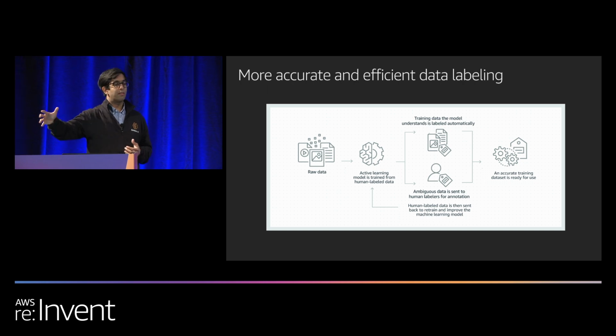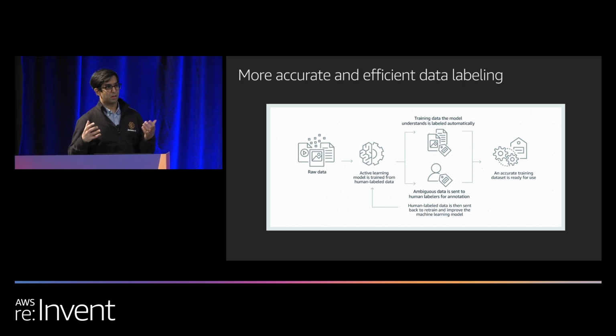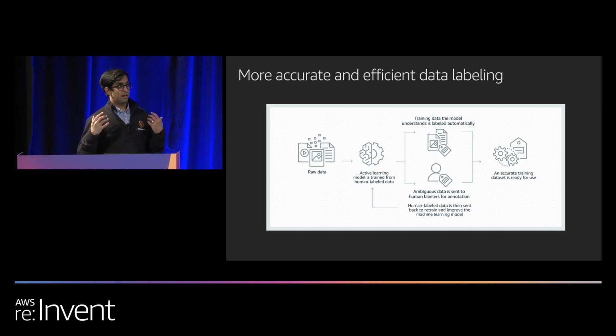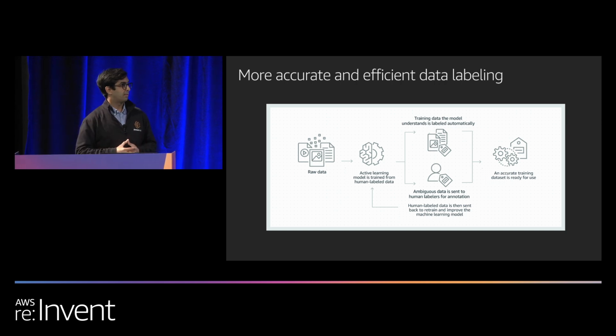And then we output everything back to S3, which is an accurately labeled data set that you can use for training, right? And one of the core things to understand there is that we're taking your data from S3 and we're dropping everything into S3. We're not maintaining any persistent copies of your data. Everything passes through our service, which is very important when you have strict data privacy requirements, right?